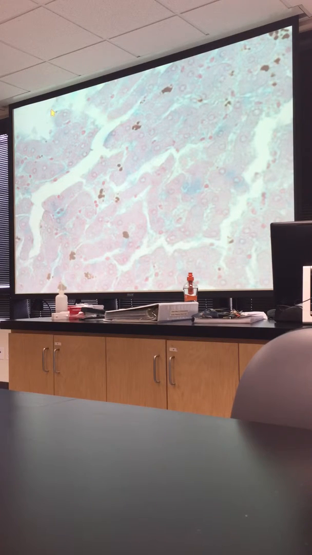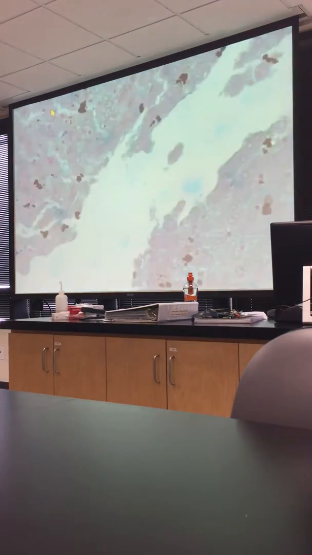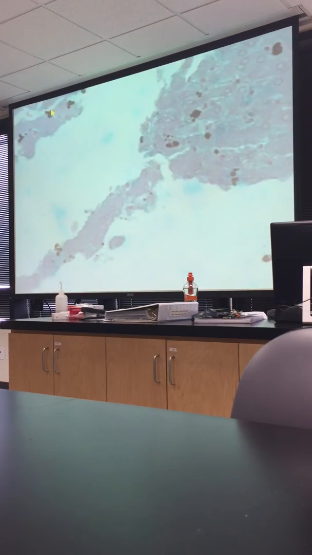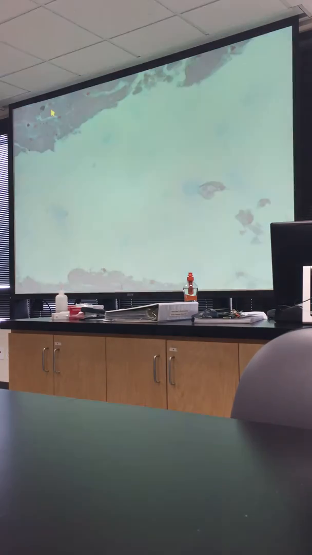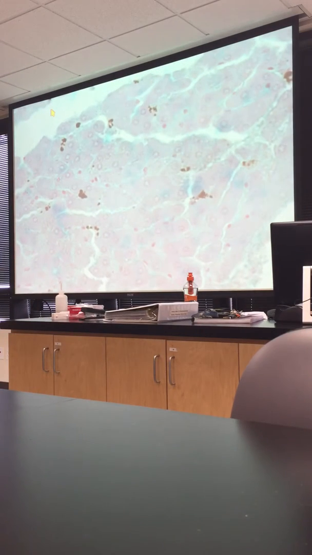The way it grows, it's a lot more close knit. They're all together. You see what I'm saying? They grow in large clusters, where if you see a slide of E. coli, they're all kind of spread out, individualized.